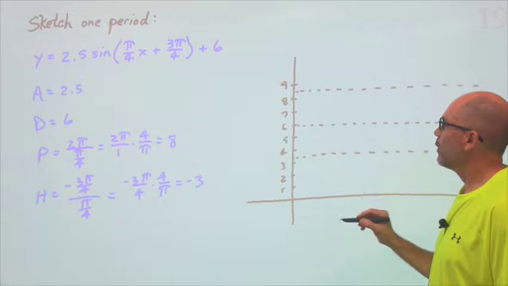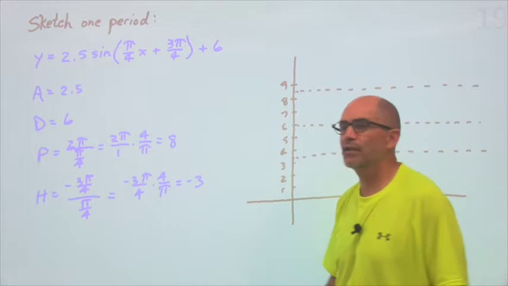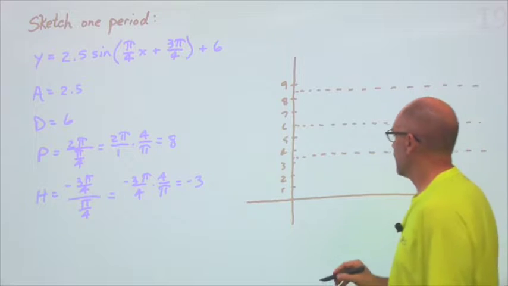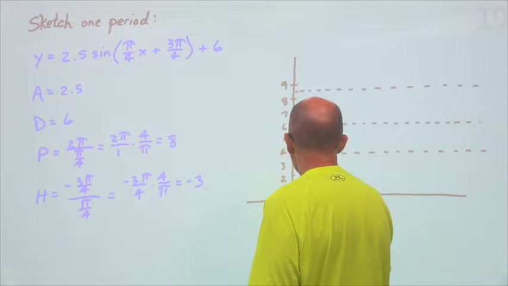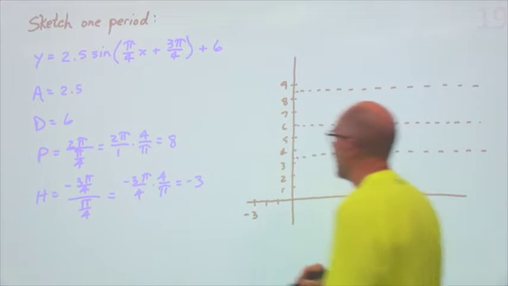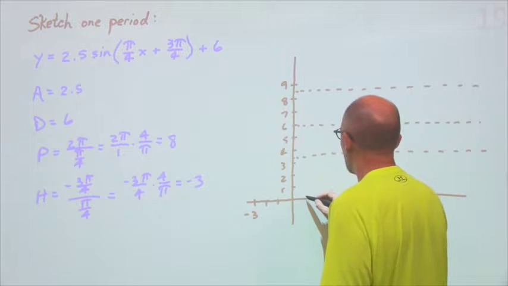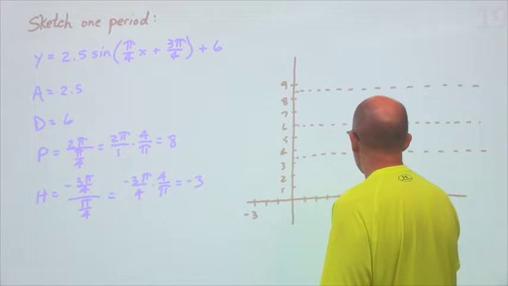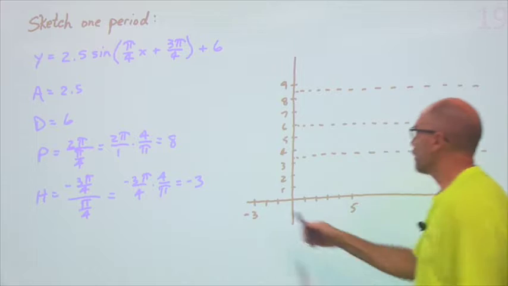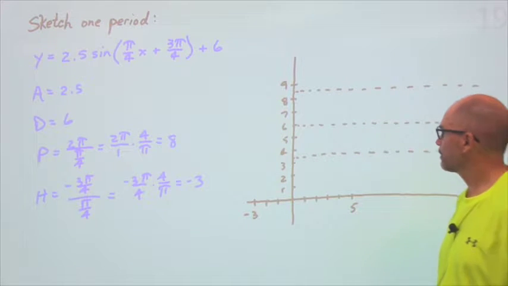Now we know the period is 8, but we have a horizontal shift of negative 3. So we're going to go 1, 2, 3 to the left, and that's where our box starts. Then we're going to go 1, 2, 3, 4, 5. So from negative 3 to 5 is our period of 8.